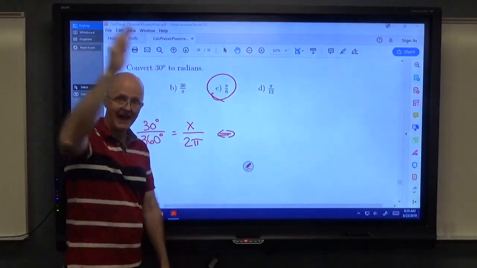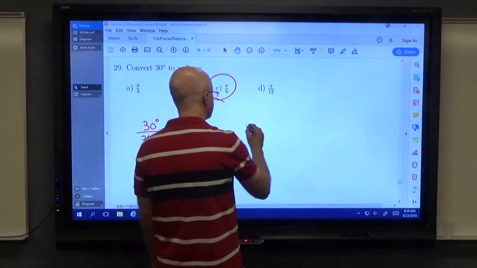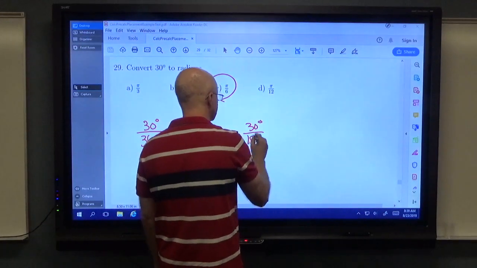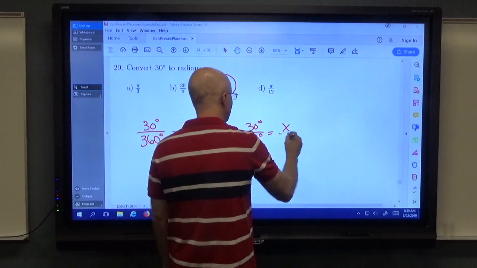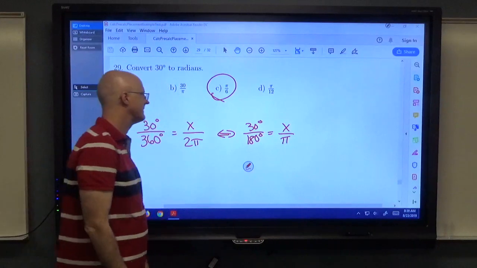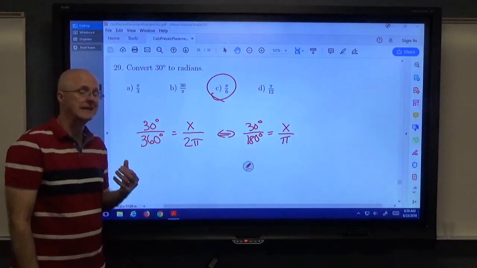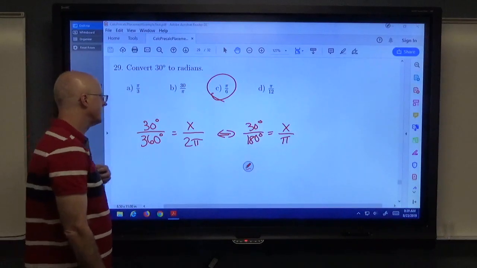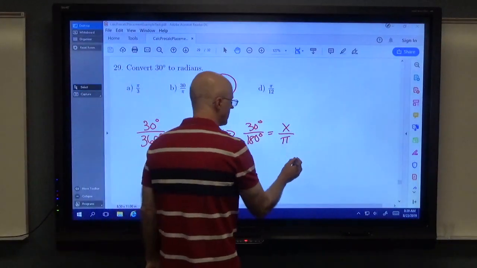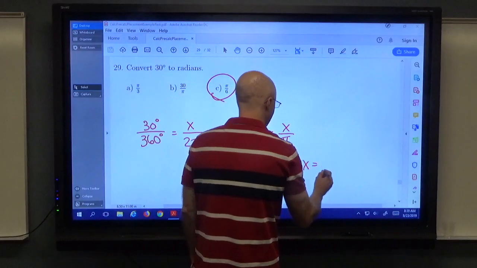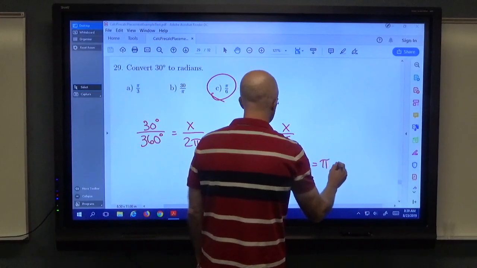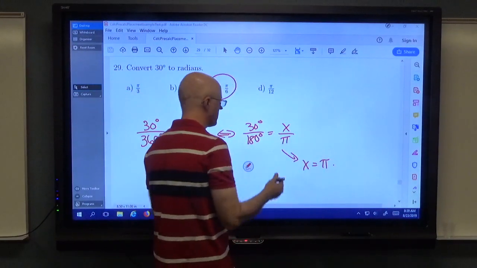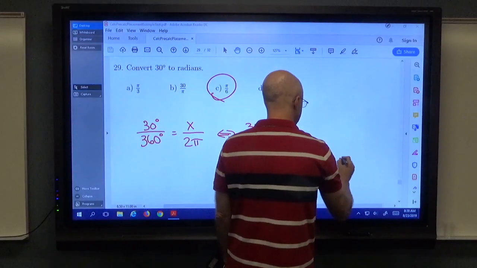You could also just think of a half turn around a circle. 30 degrees is to 180 degrees as x is to pi. These two things are equivalent. You can think of it either way. And therefore, if you take this one, for example, and multiply both sides by pi, x is pi times 30 over 180, which reduces to 1/6.